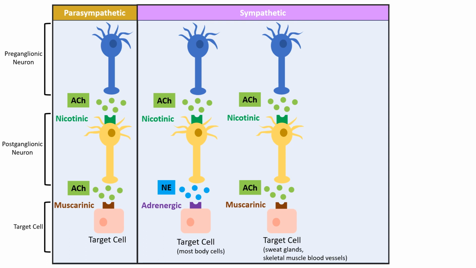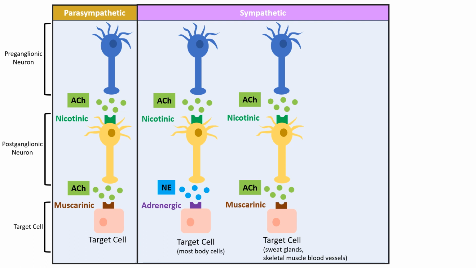So in the sympathetic nervous system, we've got our preganglionic neurons both releasing acetylcholine. Our postganglionic neurons both have nicotinic receptors interacting with that acetylcholine. But one postganglionic neuron is going to be releasing norepinephrine while the other one is releasing acetylcholine.